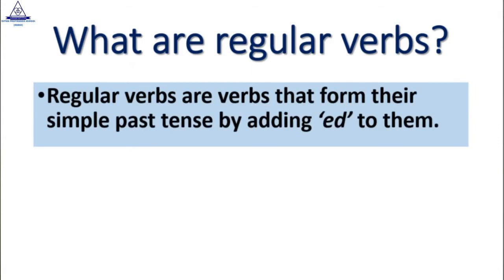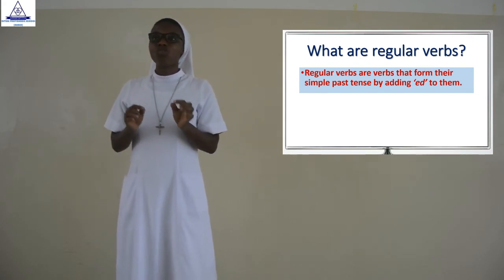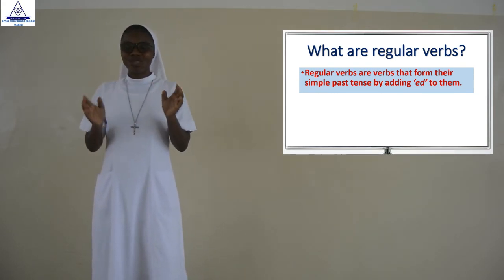Regular verbs are verbs that form their simple past tense by adding ed to them. So when you are forming the past tense of those verbs, you add ed to them.